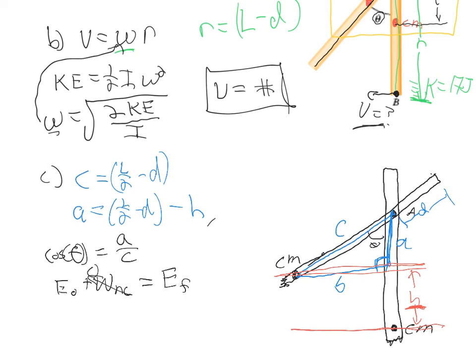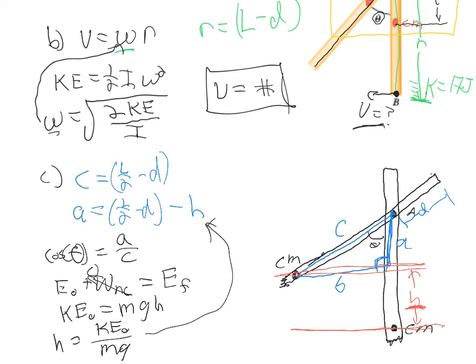Our initial energy is just the kinetic energy we start with, 17 joules in this case, and our final energy, since it comes to rest, is just equal to mgh. So our h is just going to be equal to our kinetic energy over mg. Once we get h, we can plug that in up here to get A, which we can then use to get the angle theta. Oh boy howdy.